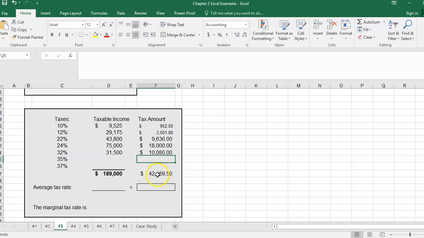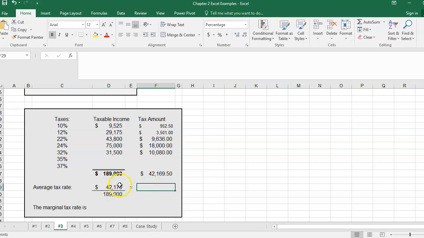So the total tax amount that we pay on $189,000 in taxable income is $42,169.50.